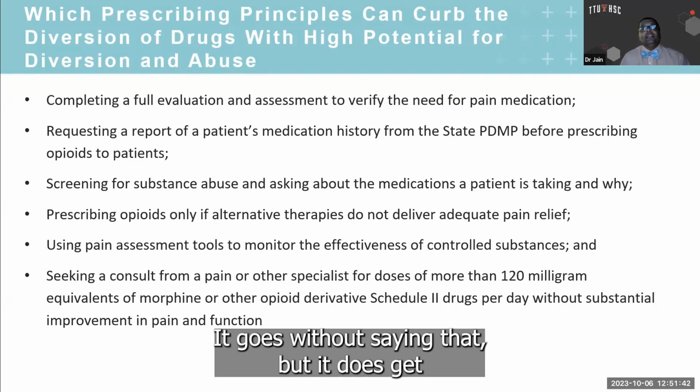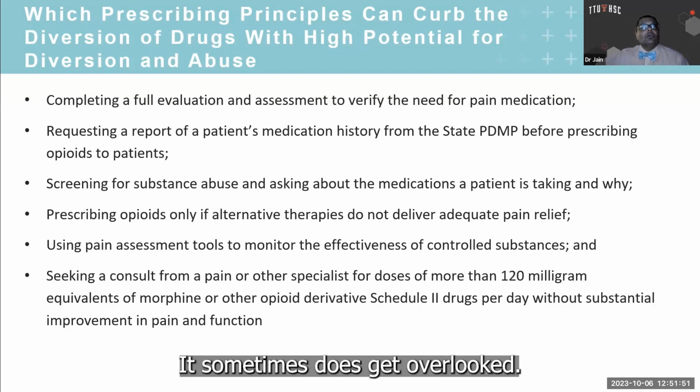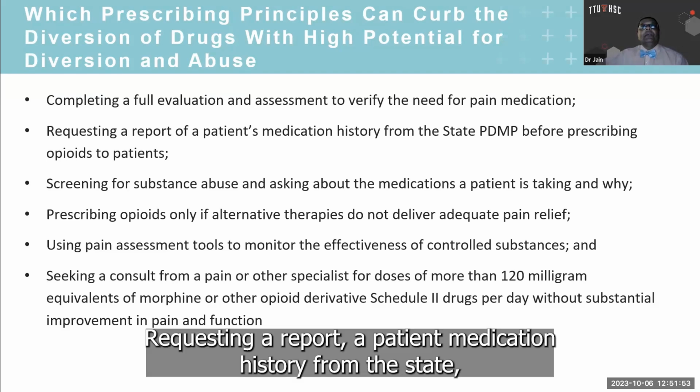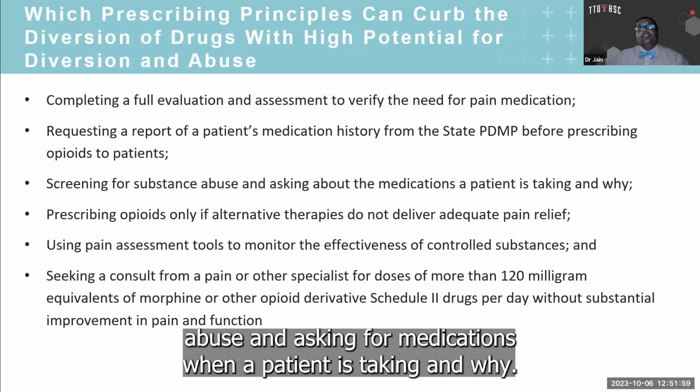It goes without saying, but in a very busy medical practice, sometimes it does get overlooked. Request a report of the patient's medication history from the state prescription drug monitoring program, screen for substance abuse, and ask what medications the patient is taking and why.